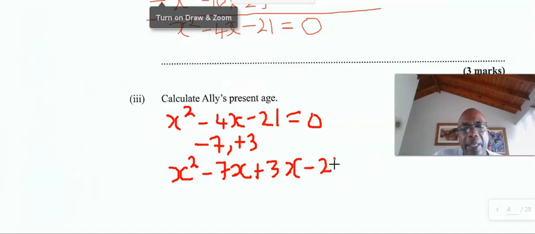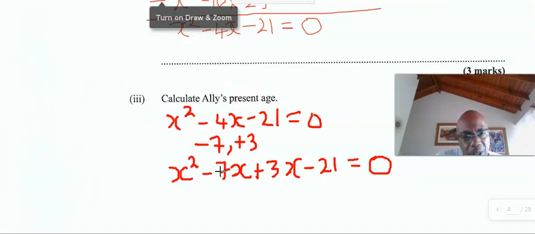So we have simply replaced the minus 4x by minus 7x plus 3x. And then we factorize by the method called grouping, where we group the pairs of terms with common factors.